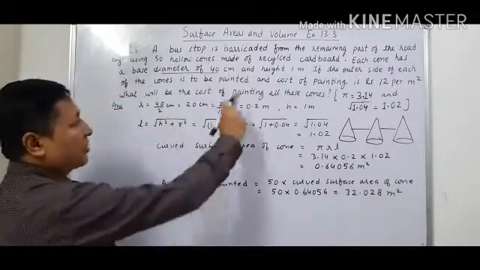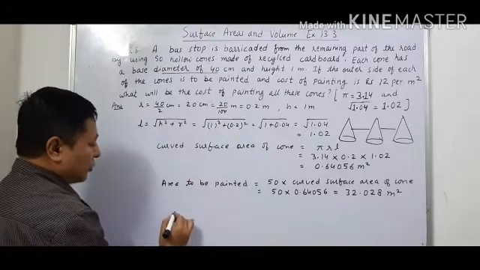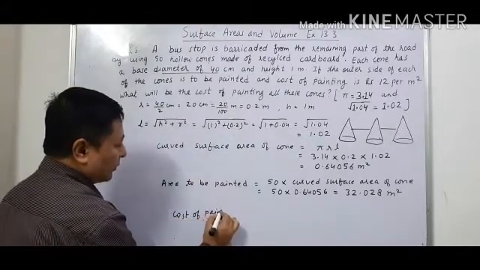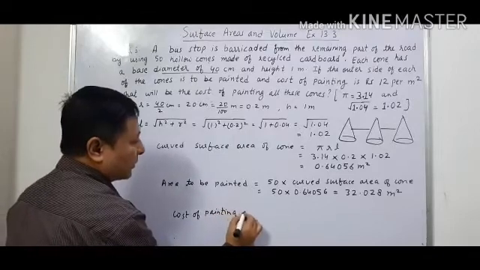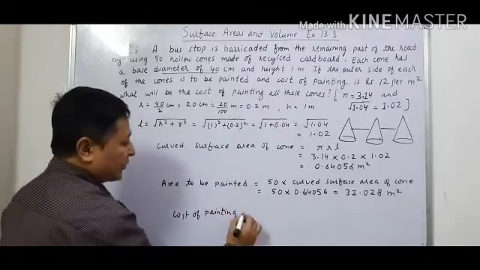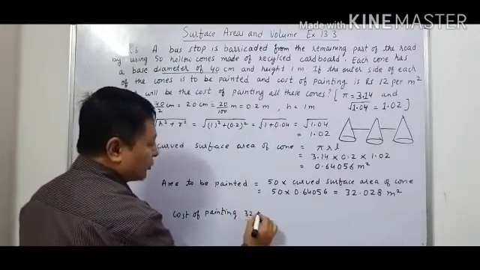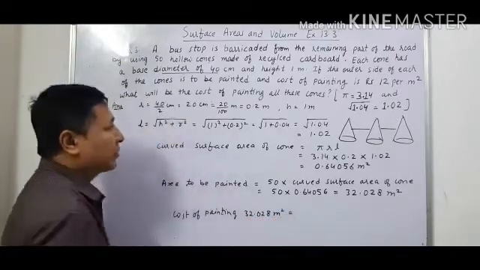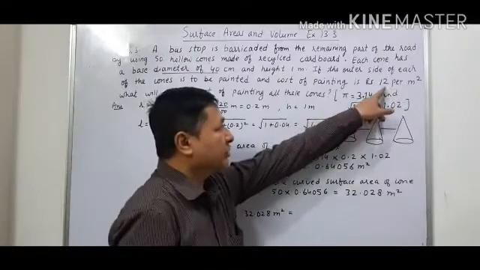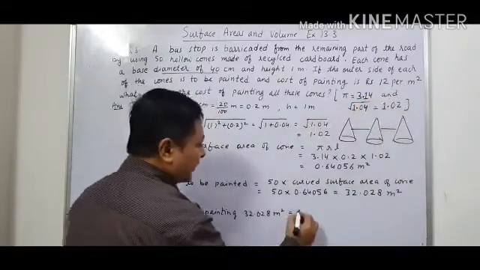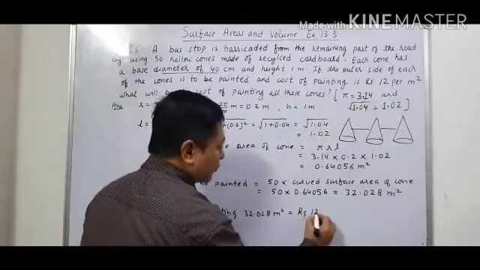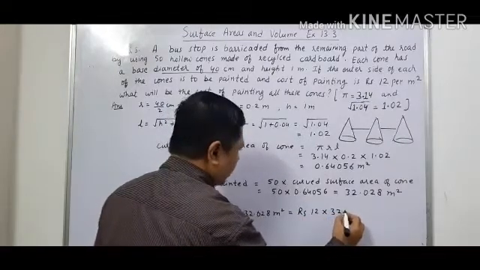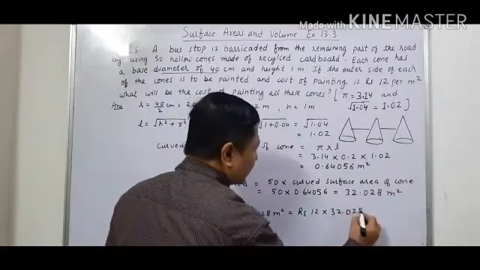Now we'll find the cost of painting. 32.028 meter square area we have to paint, and the cost of painting 1 meter square is rupees 12. So we'll multiply this by rupees 12. So 12 into 32.028 meter square.